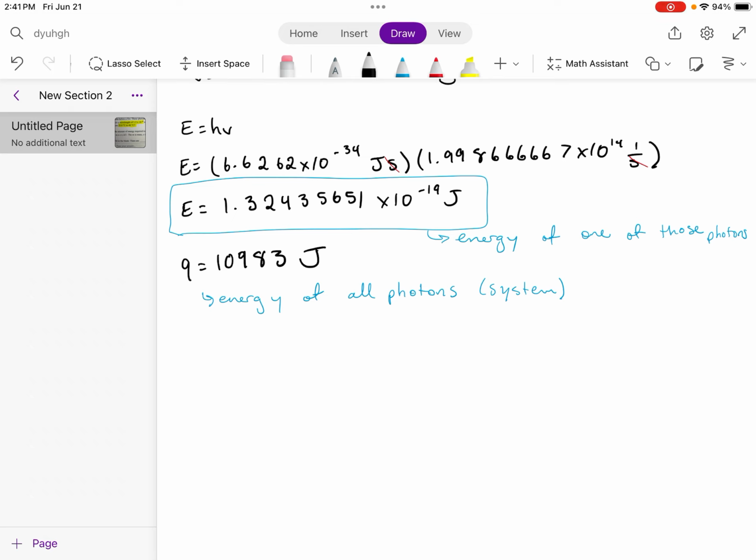So, let's see if that's right. Again, the units line up. Divided by the energy of one photon, joules per photon.